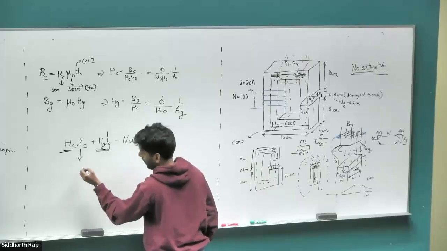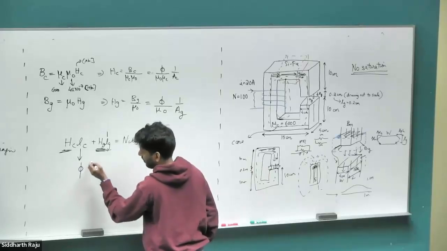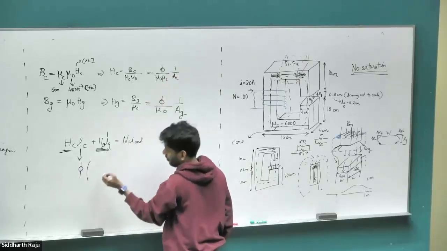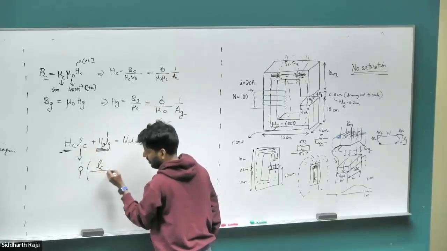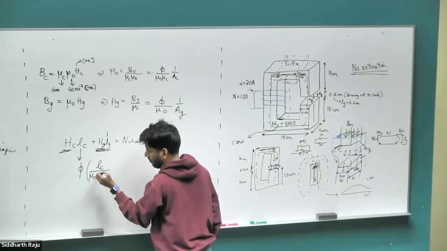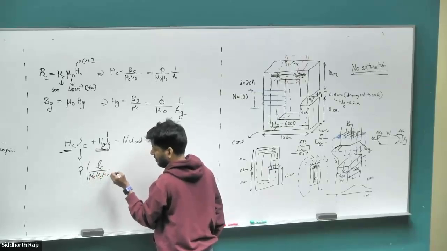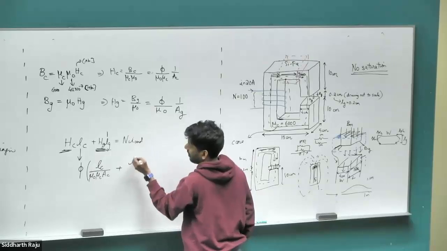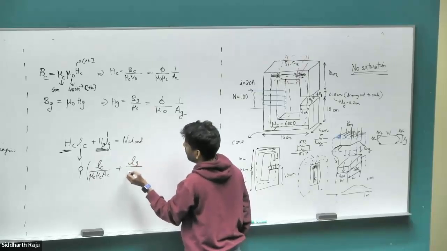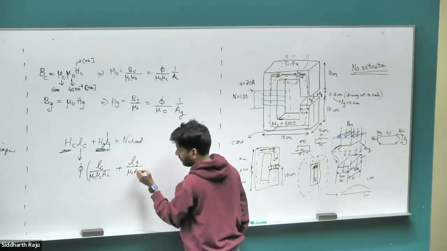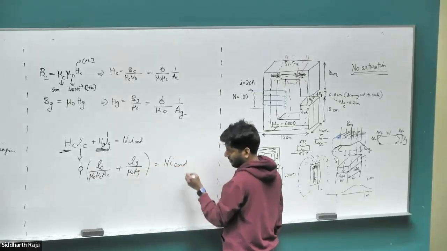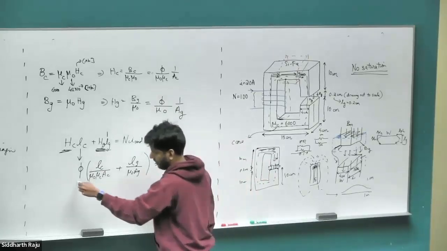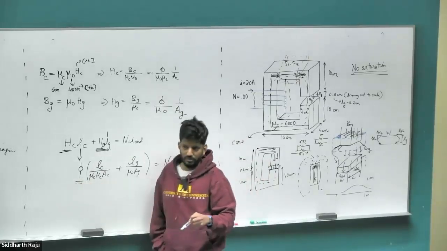So once you plug in those values, you can pull out the phi common, which is the flux term. So I have Lc divided by mu naught, mu C, Ac, plus Lg, the air gap length, divided by mu naught Ag, is equal to n times I conductor. So everything is known here except for the flux, and you can solve for the flux.